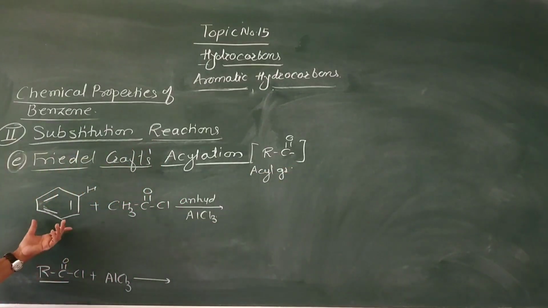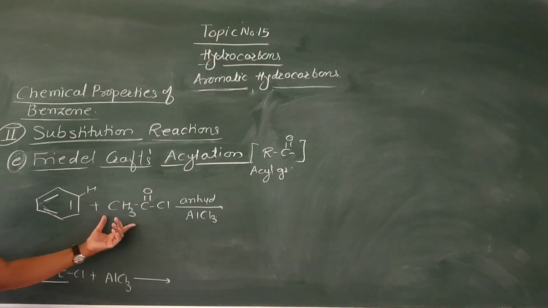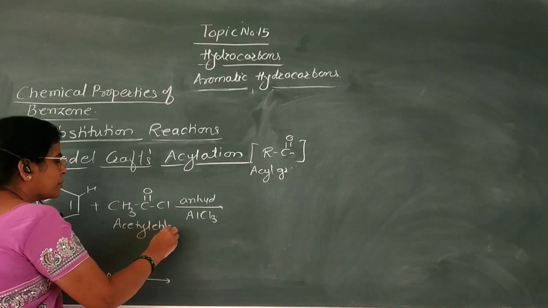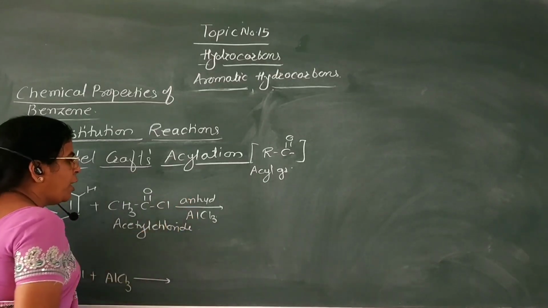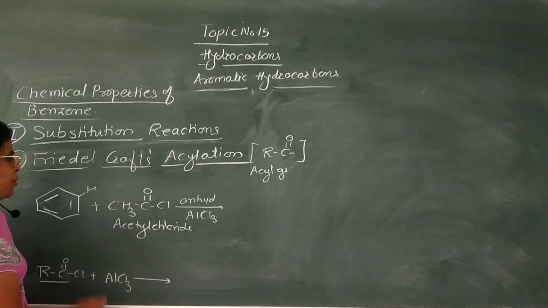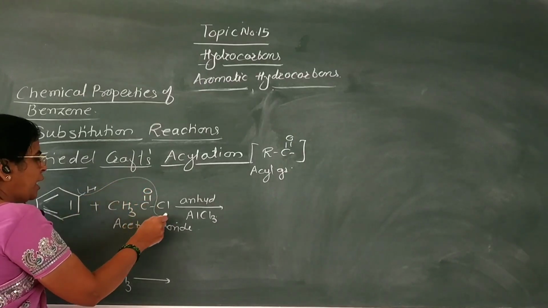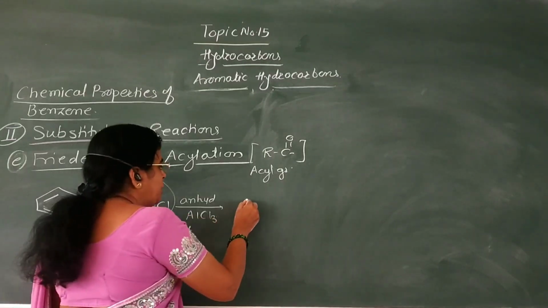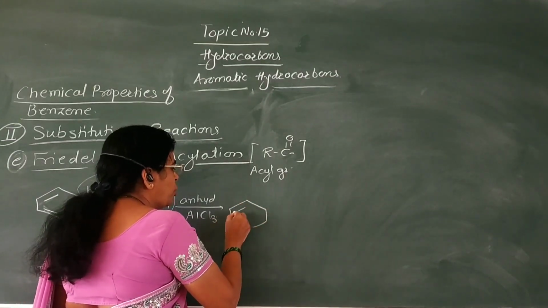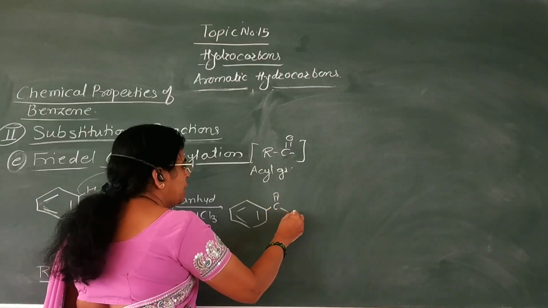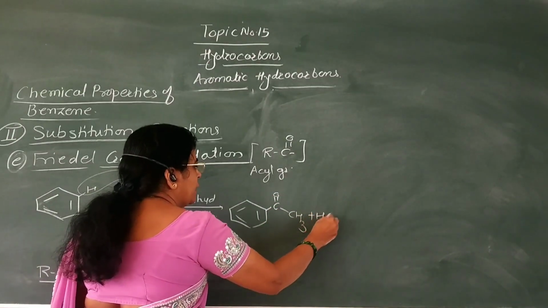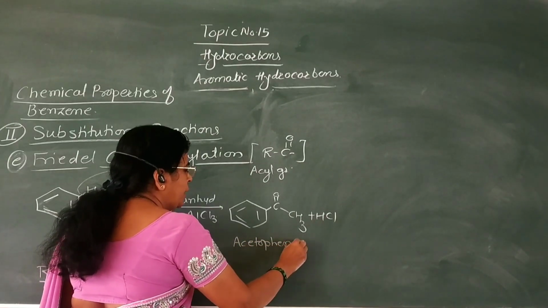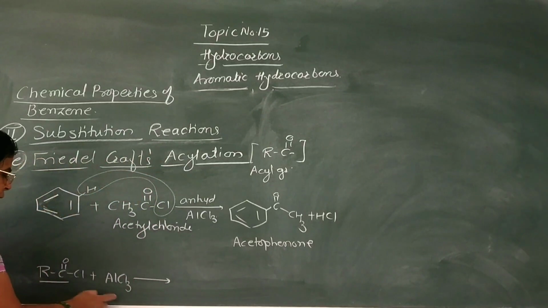Now here, when this benzene is treated with acetyl chloride in presence of anhydrous aluminum chloride, the hydrogen atom from benzene is replaced by a COCH3 group to form acetophenone. This is a ketone, C6H5COCH3 plus HCl. This compound is acetophenone. Now this COCH3 group acts as an electrophile.